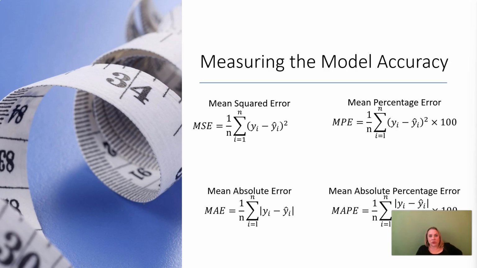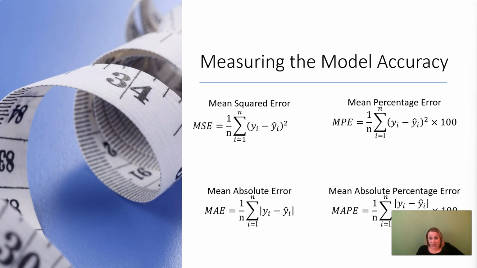Some things when measuring model accuracy: you can determine the prediction error for each of your observations within your data set by finding the difference between the value predicted by the model and the actual value. Your mean squared error is going to be the average of your prediction errors for all of your observations.